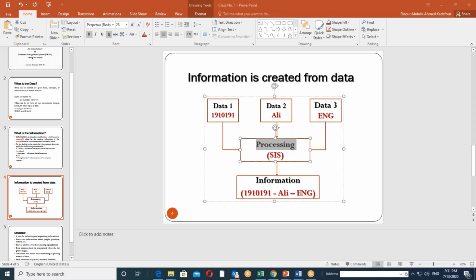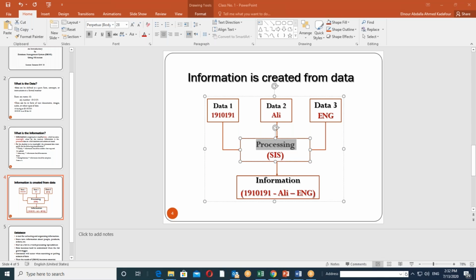Very good, Mazi. The result of a group of data. So information is a group of data. Okay, partner. So simply, data is a pure fact.